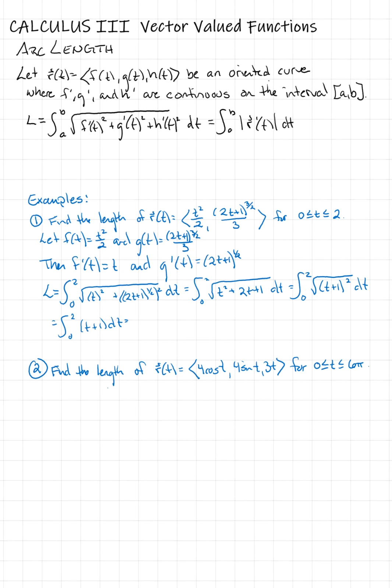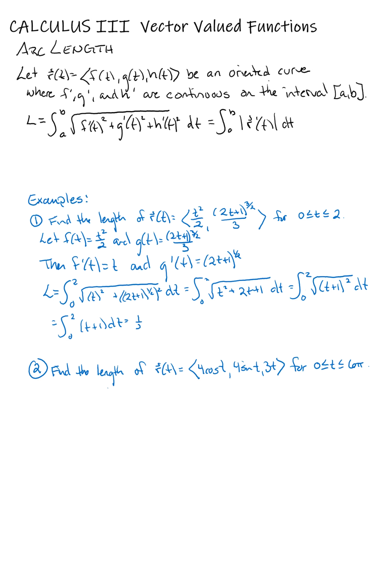That gives us 1/2 t squared plus t evaluated from 0 to 2. A quick computation. And it looks like 2 plus 2 gives us 4. All right, not so bad on that one.